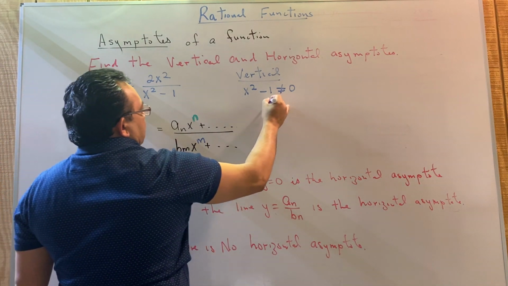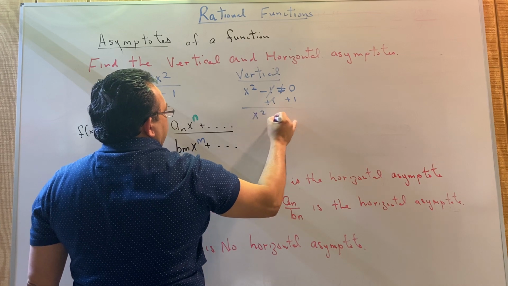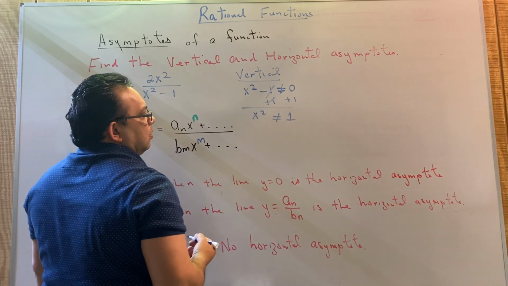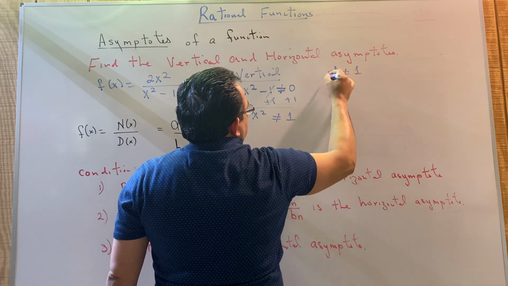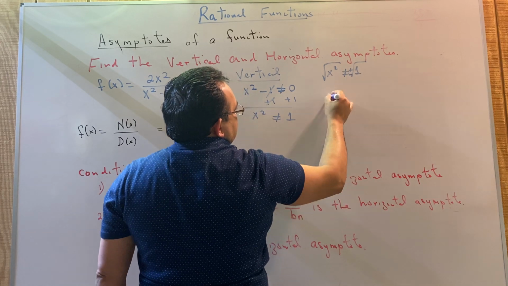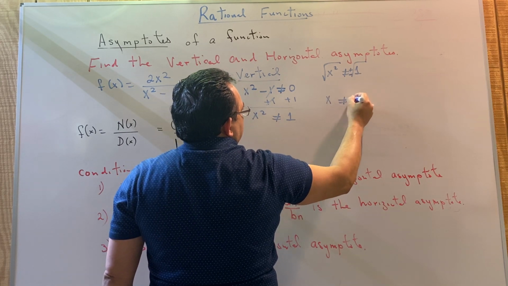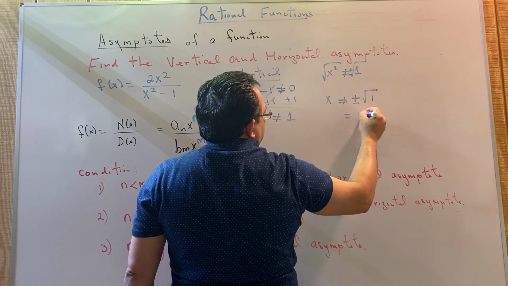We add 1 to both sides, and x squared cannot be equal to 1. Then we take the square root of both sides. Don't forget we get a plus or a minus. So x cannot be equal to plus or minus 1.